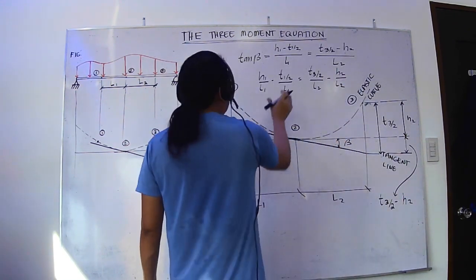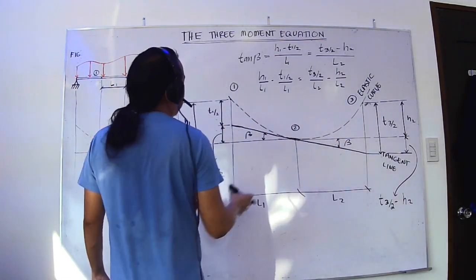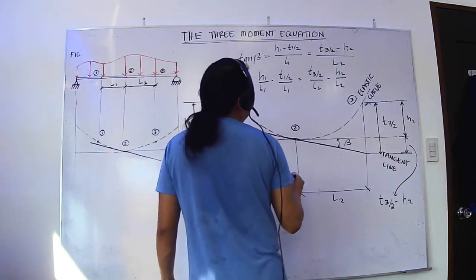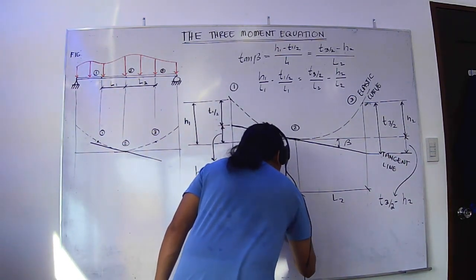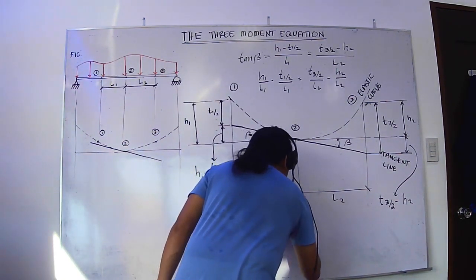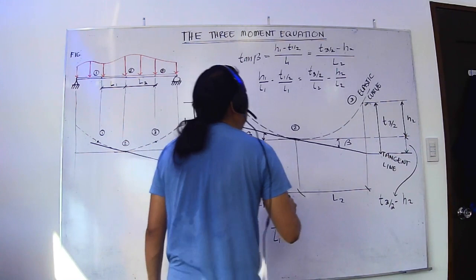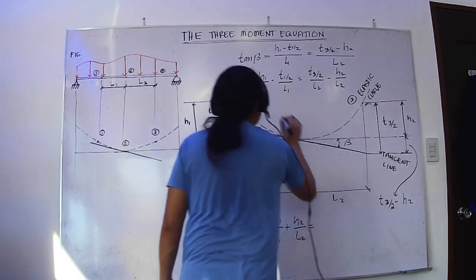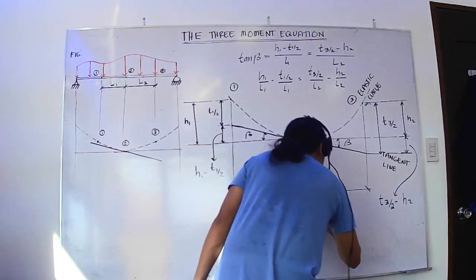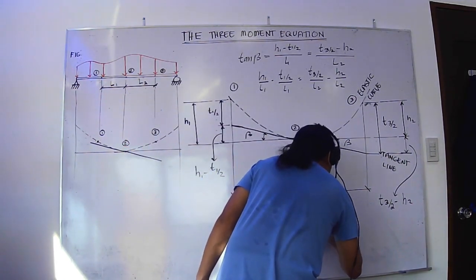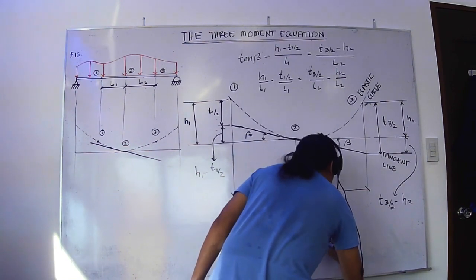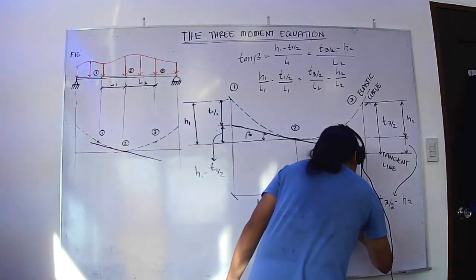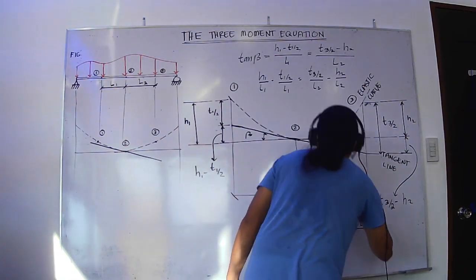If I rearrange the terms and group them in terms of H's and T's, I could just say H1 divided by L1 plus H2 over L2 is equal to T32 over L2 plus T12 over L1.